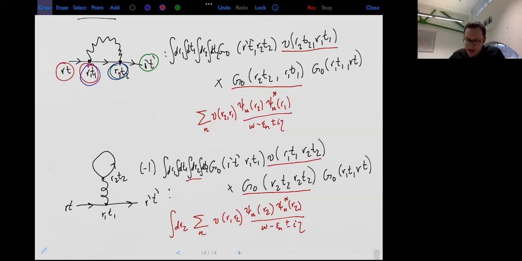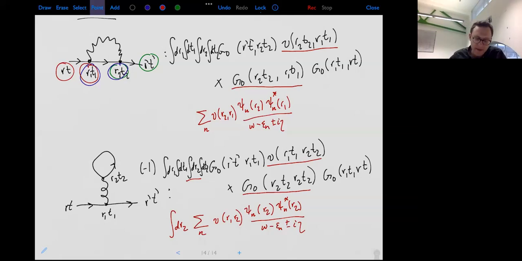And if we look at the structure of this term, what we see is that we have a product of wave functions, which basically give us a density. And then we calculate the potential that this density creates. And this potential is what we typically call the Hartree potential, right?